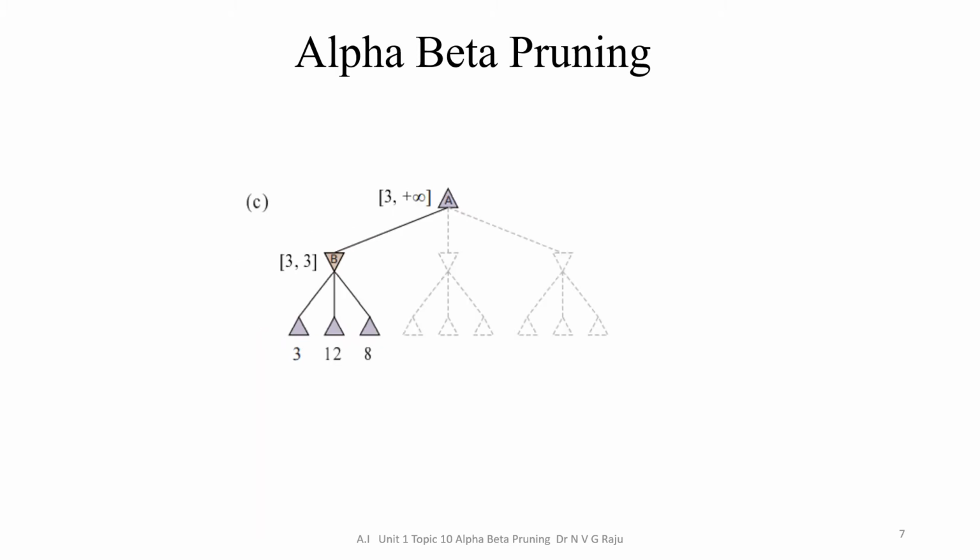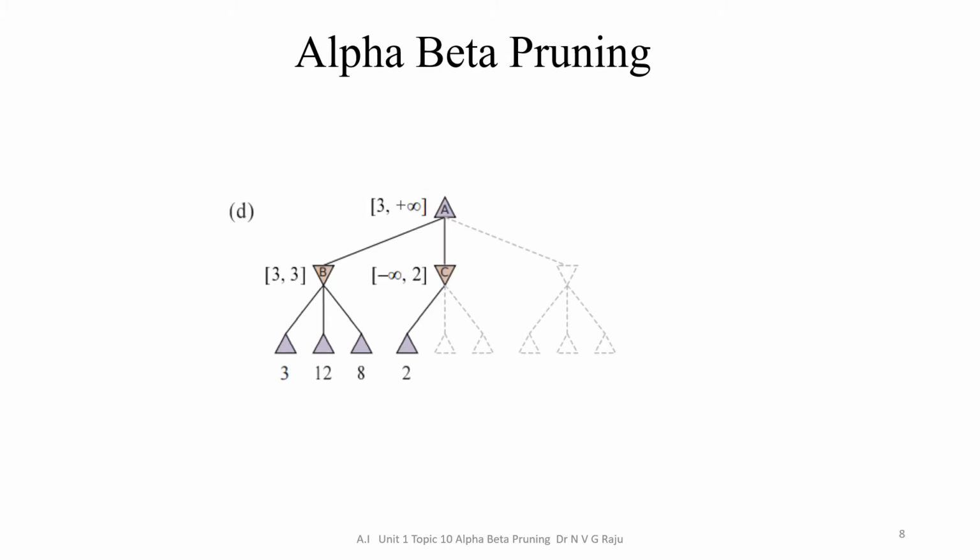The third leaf below B has a value of 8. We have seen all of B's successor states, so the value of B is exactly 3. Now we can infer that the value of the root is at least 3, because Max has a choice of 3 at the root.